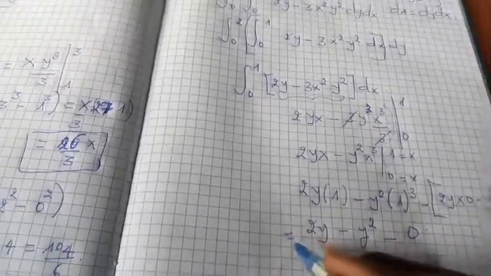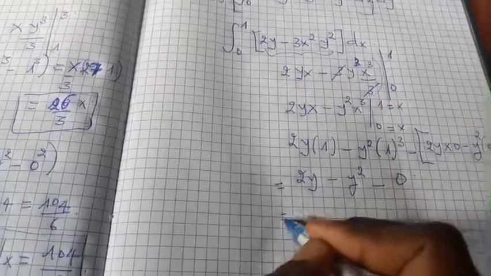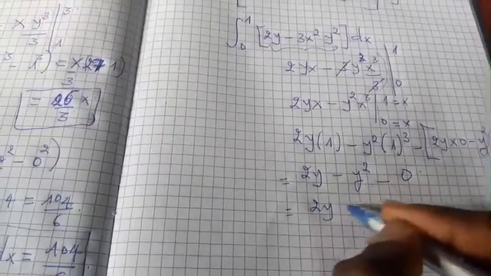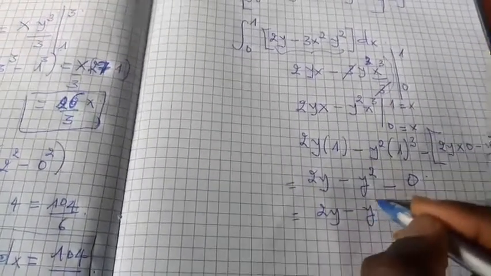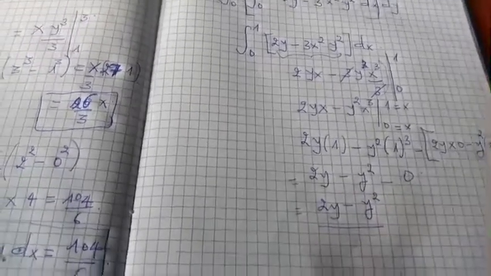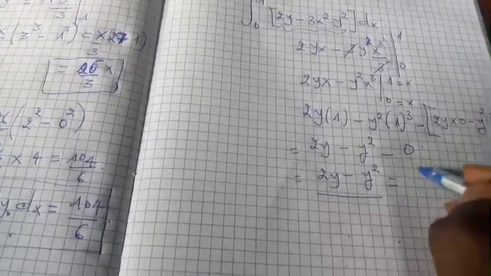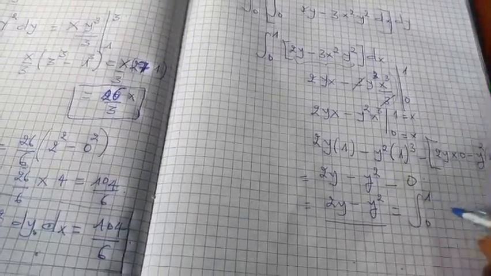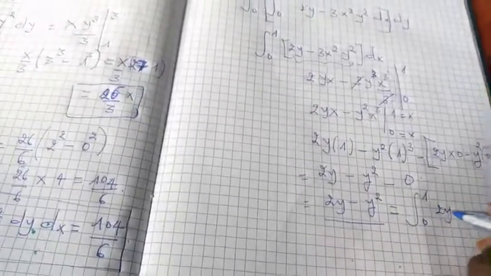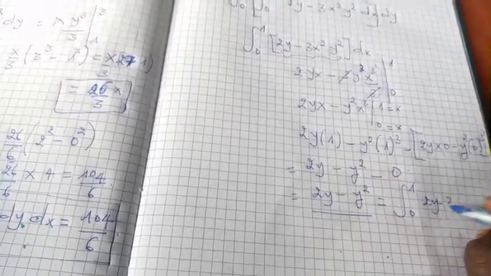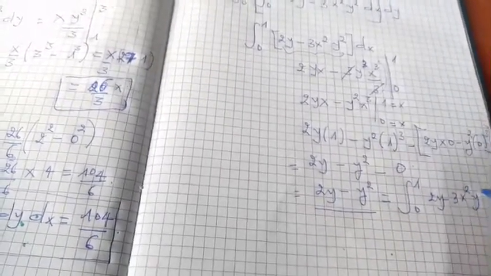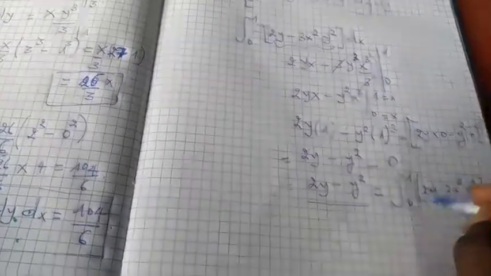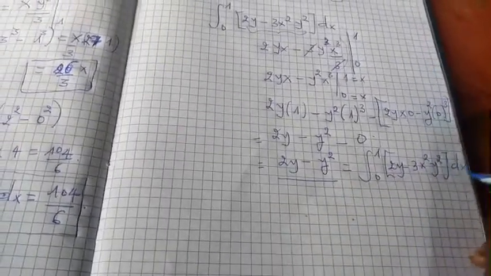Then we remain having 2y minus y squared. This is the value that you have, which is equal to the integral from 0 to 1 of 2y minus 3x squared y squared with respect to dx.